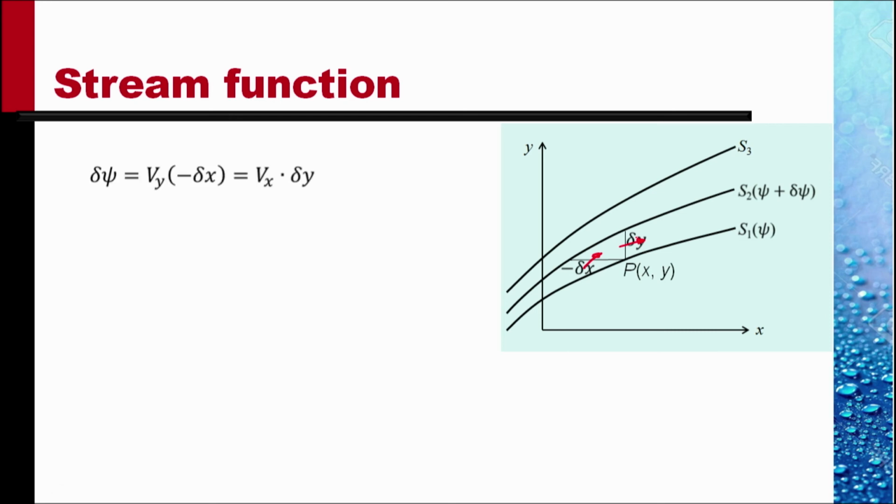Clearly d psi is Vy into minus dx, which is also equal to Vx into dy, because it's only the Vy velocity component which will create a flow across the horizontal line segment, Vx being along the line segment itself, and Vx would be the only component that will create a flow across the vertical line segment.